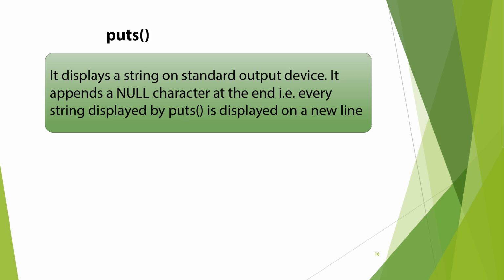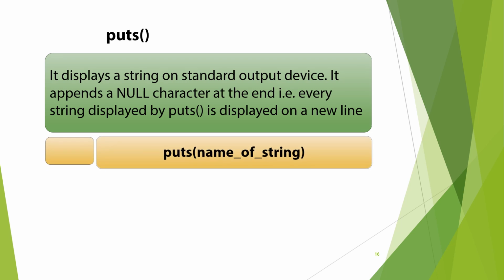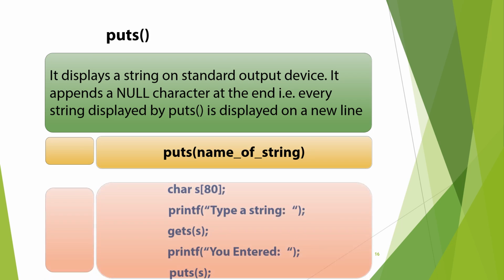What is the reason? Because the puts function appends a null character at the end of every string. Now let us see the syntax of the puts function: puts(name of the string). Here the content of the string will be displayed on the screen or standard output device by using the puts function.